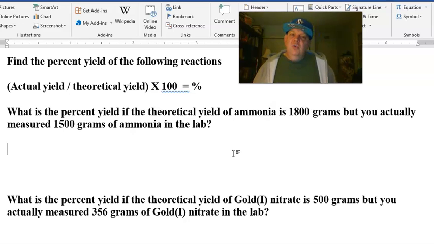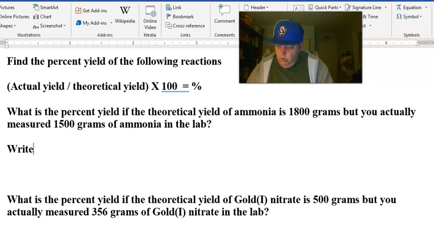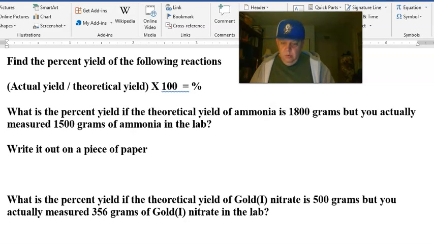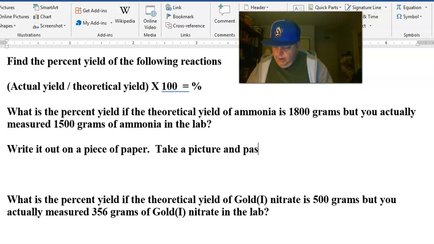Because arguably, you could go and copy off of somebody else. Now, what you can do is write it out on a piece of paper, take a picture, and paste it on the paper.